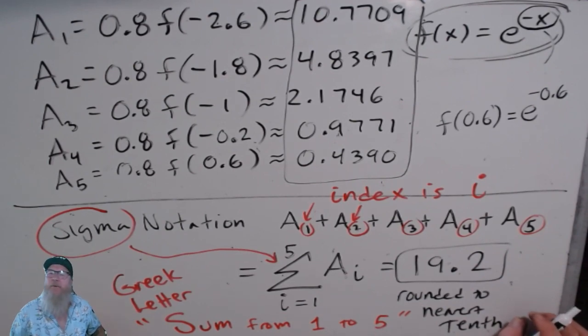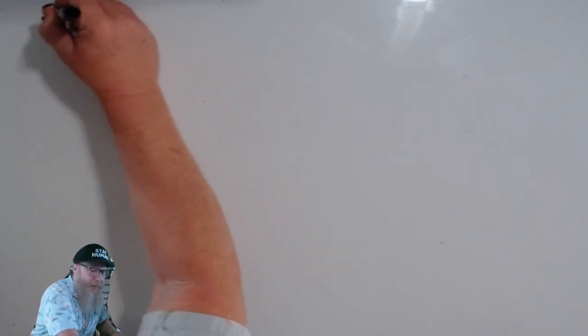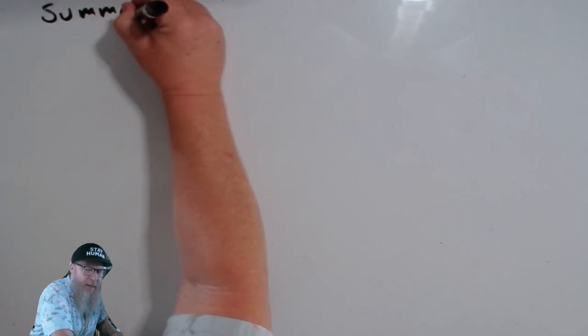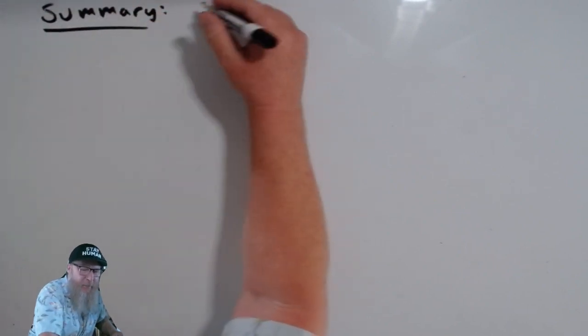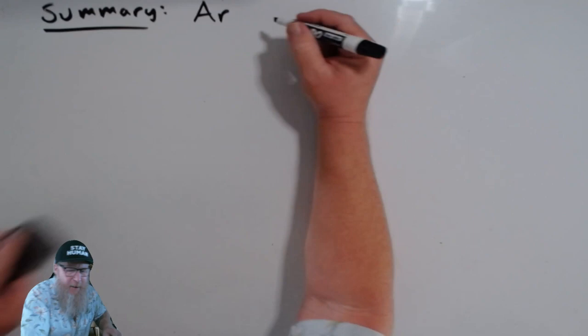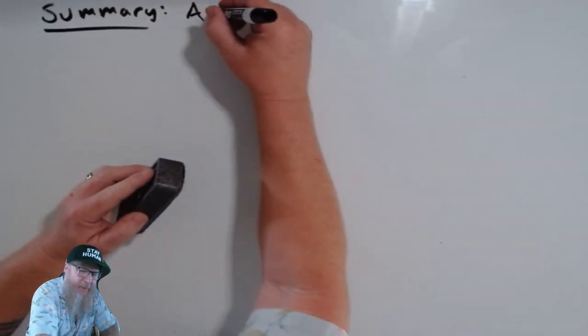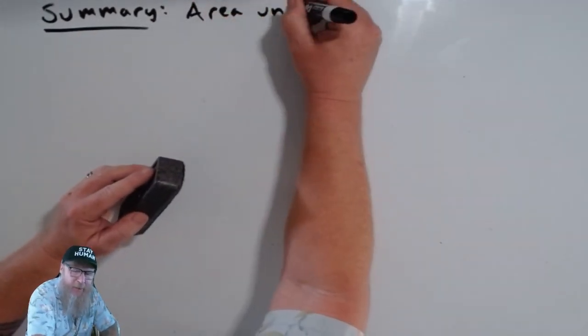in the next example. All right, so to summarize the Riemann sums, we are approximating the area under a curve.